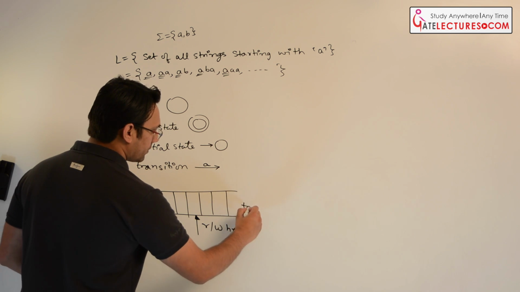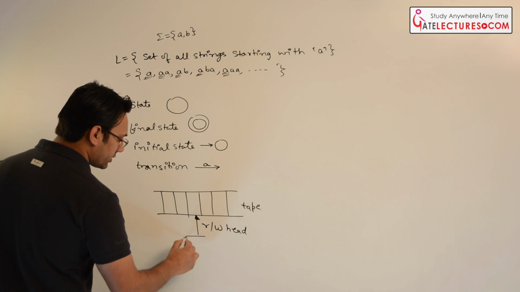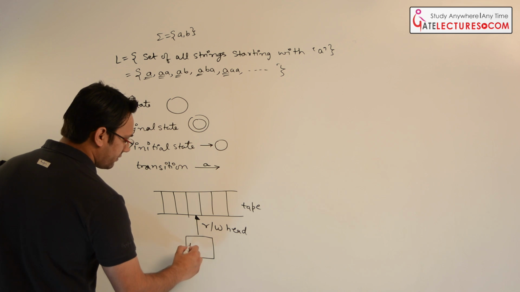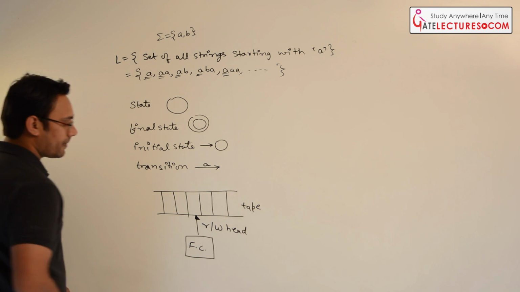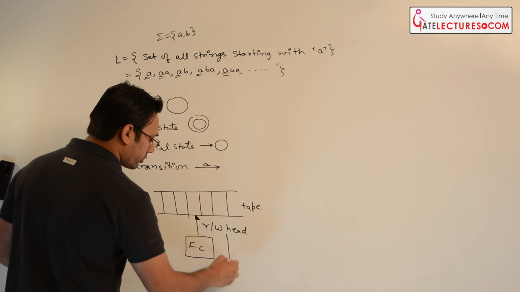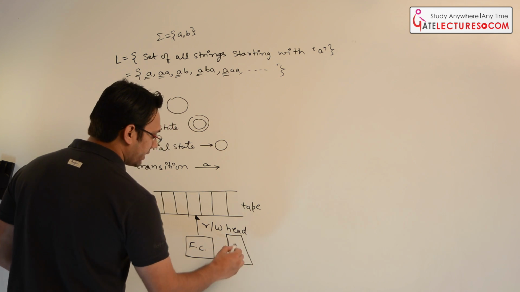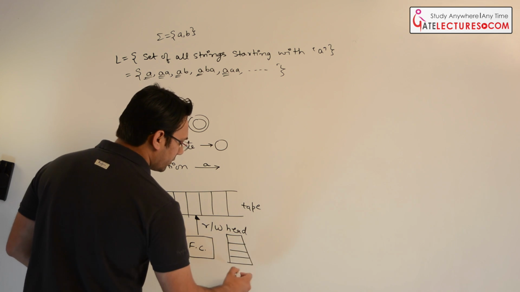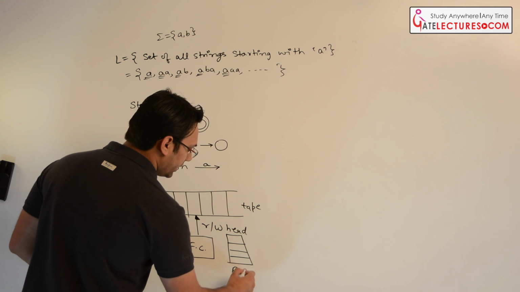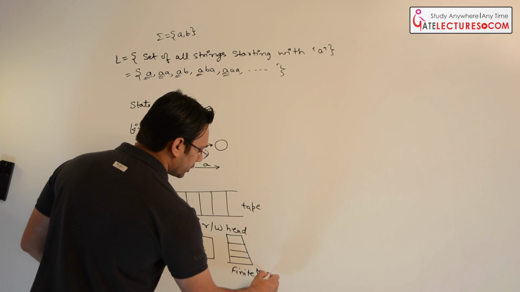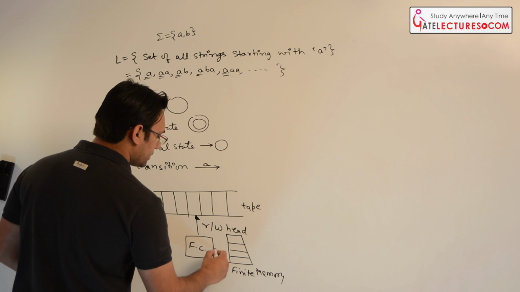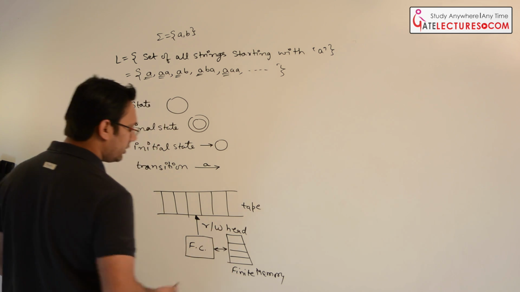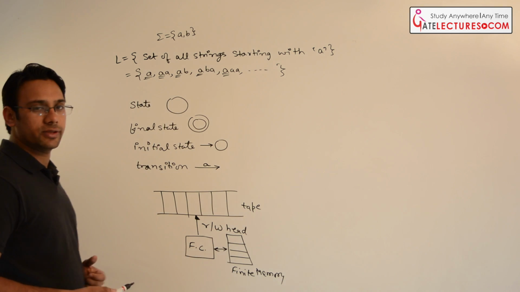This is the tape. Then we will be using something called as finite control, and we are also going to have a finite memory. So we will be having a finite memory, and this finite control can read or write something onto this memory.